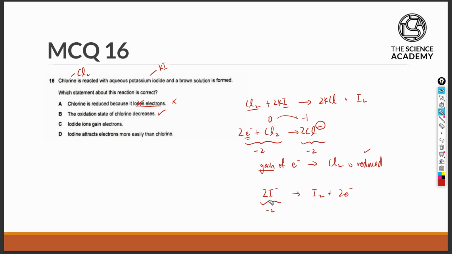This means that iodide ions lost 2 moles of electrons when being converted to iodine. In this case, iodide ions lost electrons, and option C is wrong.